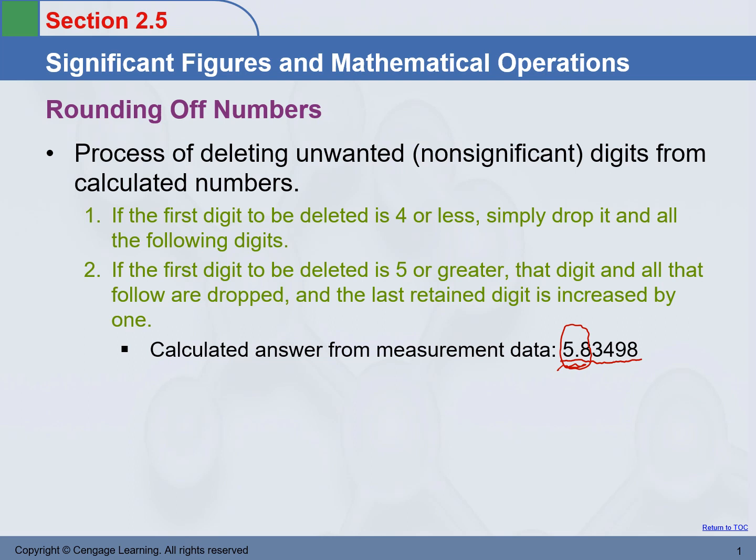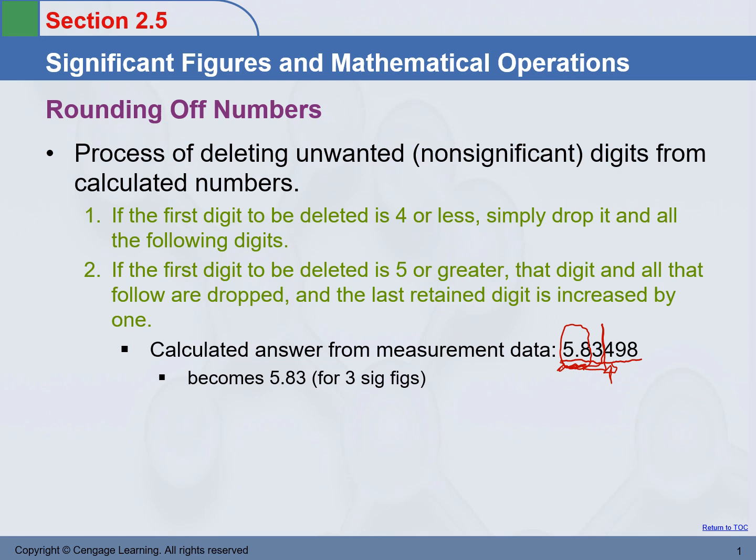Let's assume by following the rule, we haven't learned the rule yet, we're going to learn the rule right after this, but assume we know by following the rule, we will keep 3 sig figs. How do I do that? 3 sig figs, 1, 2, 3. The next digit is 4. 4 or less, you drop them. So 3 sig figs, the answer will be 5.83.